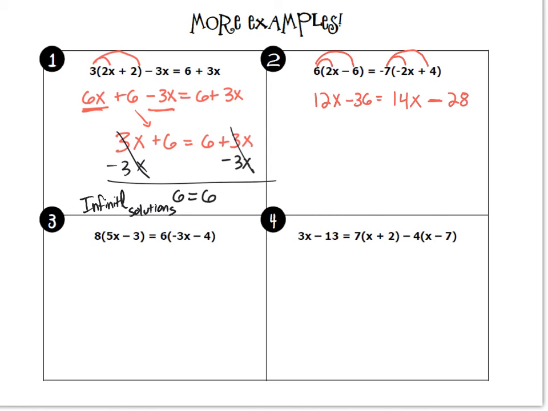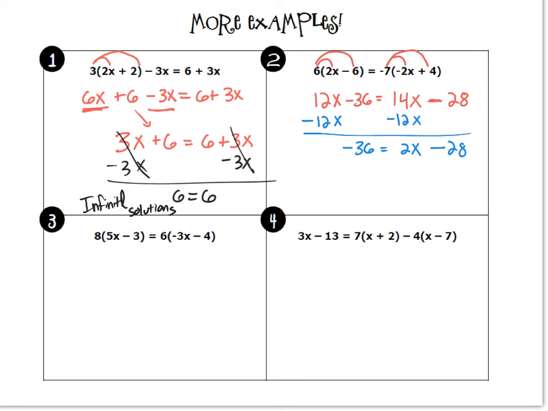And I'm going to get my x's to the same side. I'm going to subtract 12. You could have totally done it a little bit differently. Negative 12x. And we go down, negative 36 equals 2x minus 28.